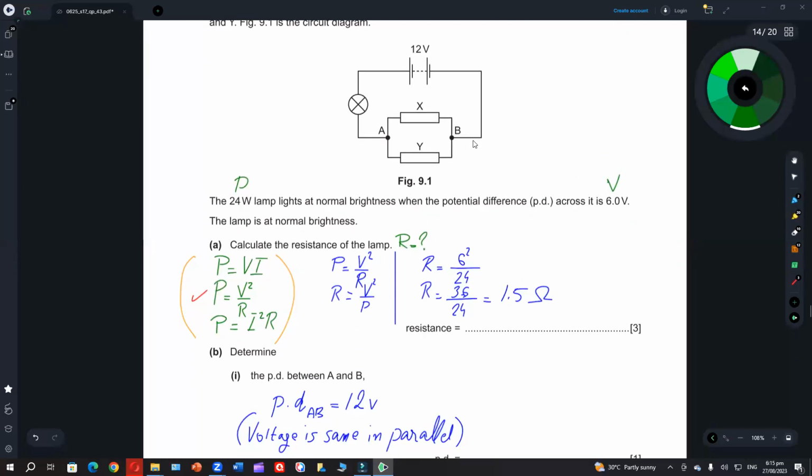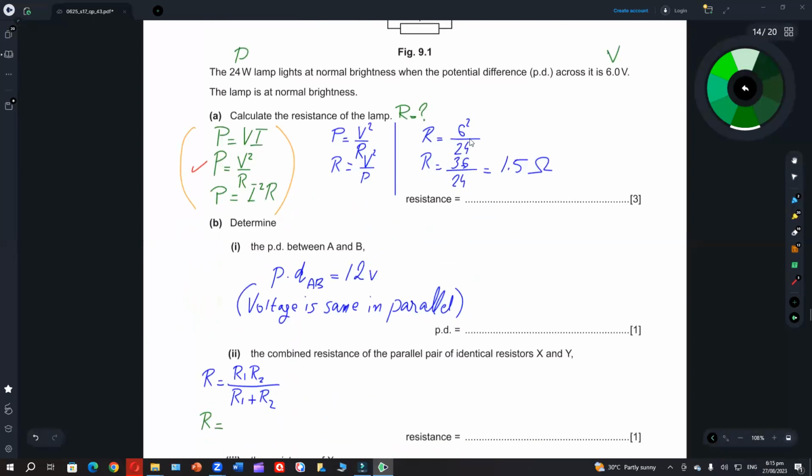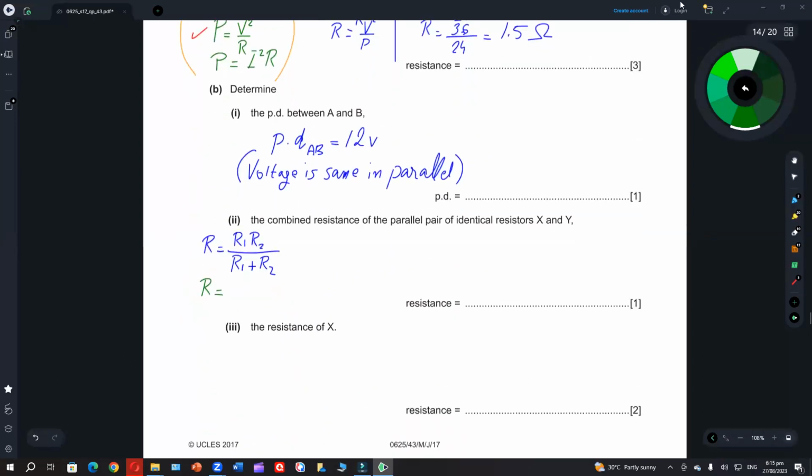Actually, then there is an issue. There is a lamp here also. Let me first correct. I didn't see the lamp actually. So I missed it, and the voltage will not be the same.